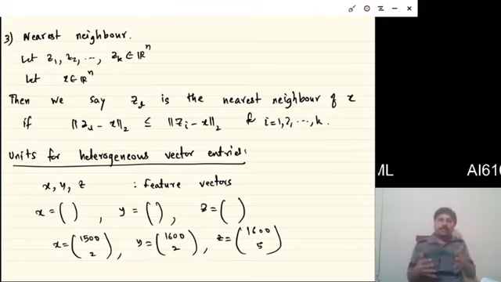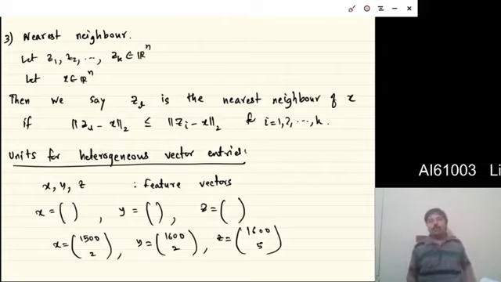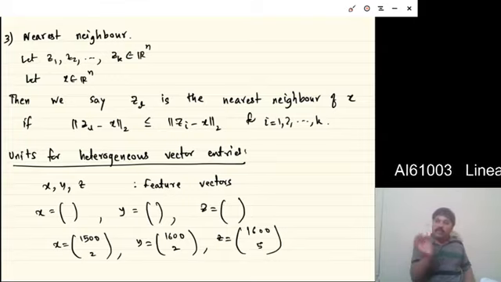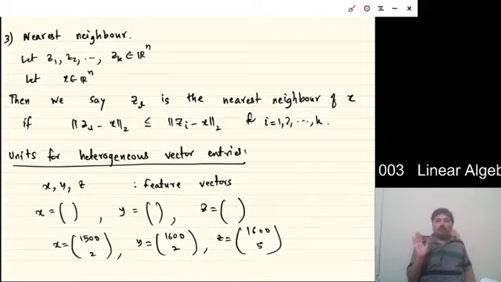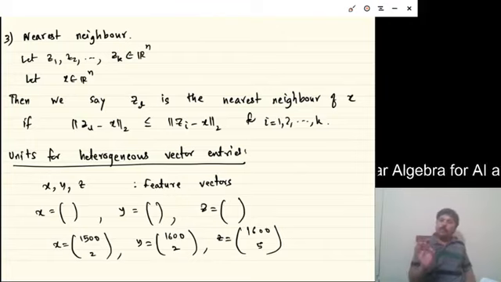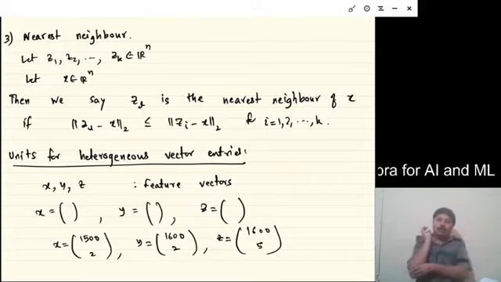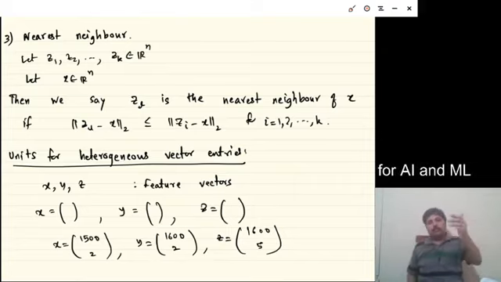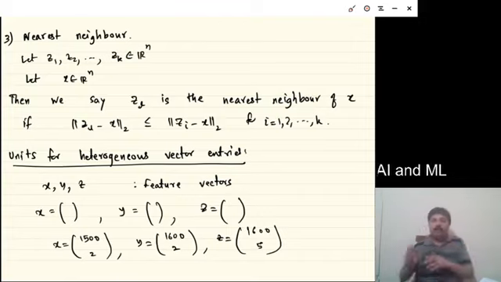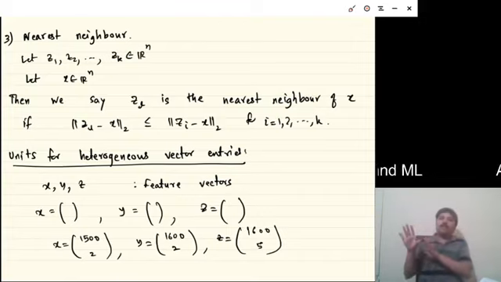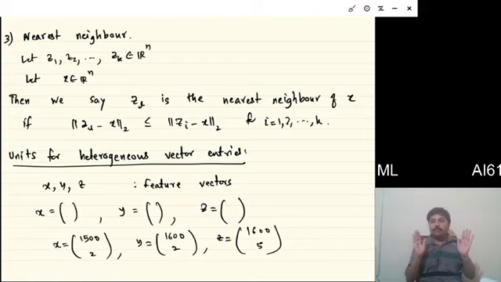So if you understand what I am really saying, then just looking at the norm sometimes may not be really enough. You want to scale the entries in the vector before you calculate the norm. So instead of looking at these entries as 1500, 1600, 1600, if I look at them as 1.5, 1.6, 1.6, and then I look at the norm, then 1.6 and 2, 1.6 and 2, 1.6 and 5, the entries in the vector are on the same scale.